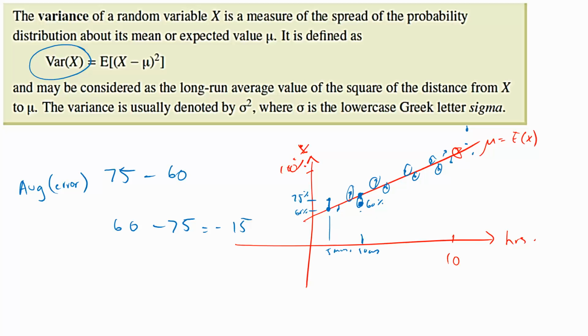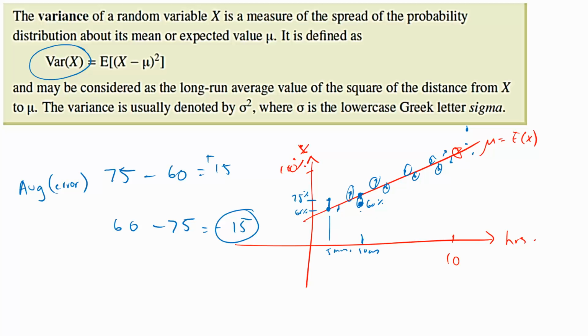Regardless, whether I'm 15 above or negative 15, I'm equally as wrong. It doesn't make me any better whether you are 15 more than what I predicted or 15 less than what I predicted. It is the same error. So what we want is the absolute value of this, the positive value of this.